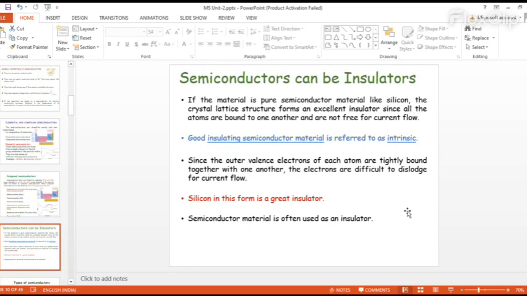The outer valence electrons of each atom are tightly bound to another through covalent bonds, so it is very difficult to dislodge an electron from the covalent bond to make free electrons. Silicon in this form is a great insulator. Semiconducting materials are often used as an insulator.